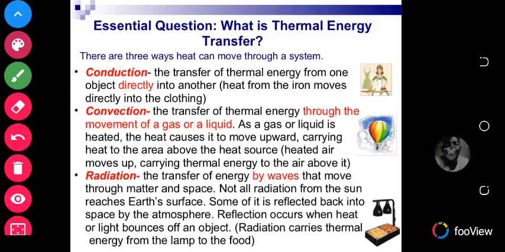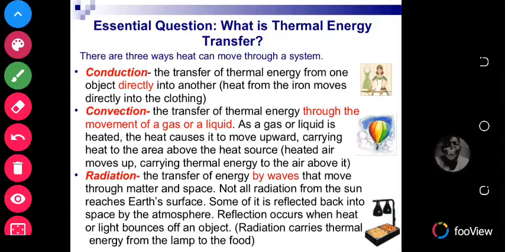Convection has to do with a medium, either gas or liquid, like boiling of water or steaming.